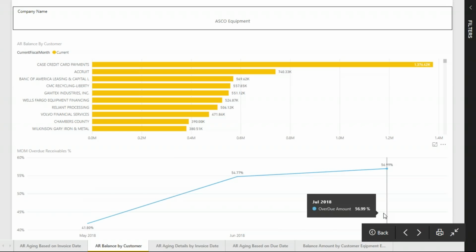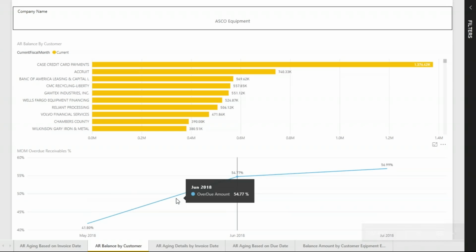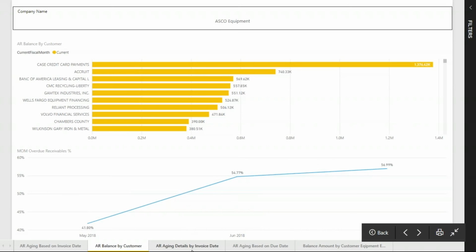As of last night, 56 or 57% of your receivables are past due, they are overdue. This will give you a good pattern, and maybe you'll see a trend: in these months it goes up, in these months it goes down.